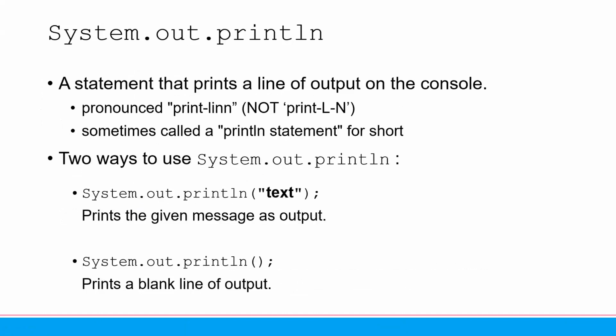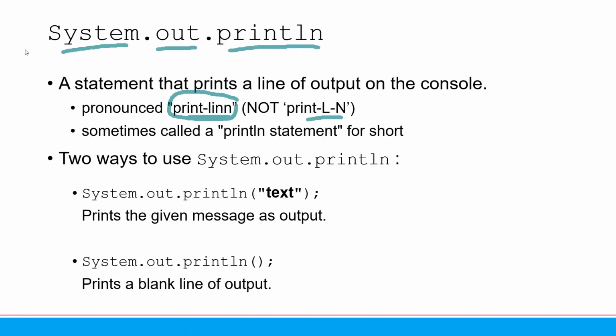In this example, we learned one statement about print. We call it system.out.println. Sometimes people say println, or print line, but it's common to just say print line.